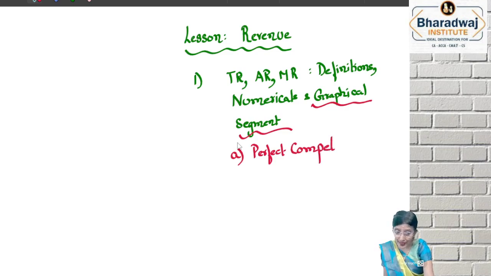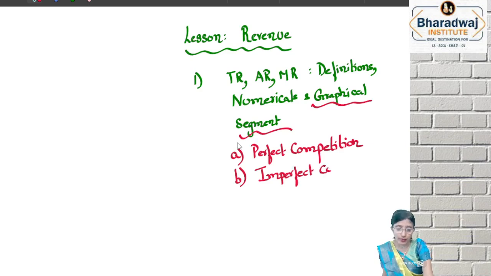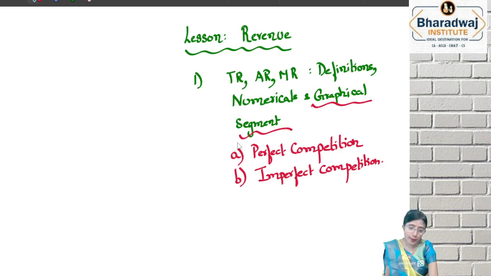That being an exclusive part of this topic, they can question you, right? So perfect competition has a different revenue graph, and imperfect competition has a different revenue graph. So in the graphical segment, you have to be clear. Do you understand this? Right?